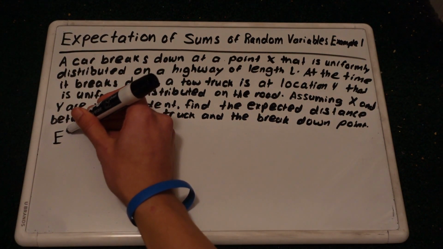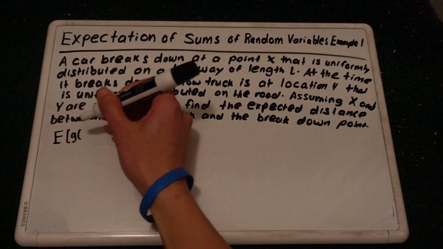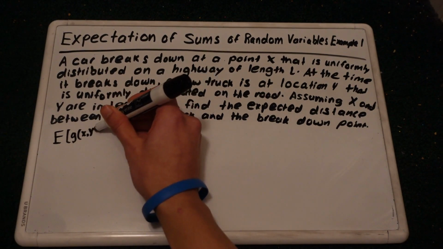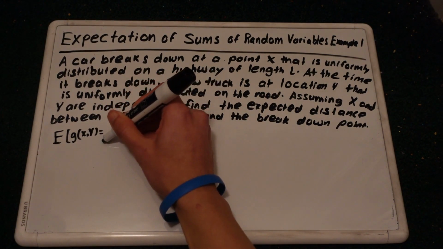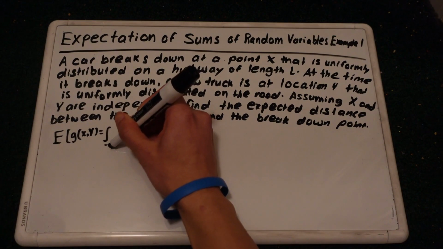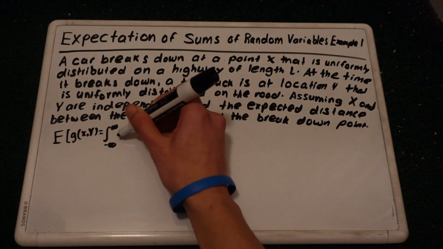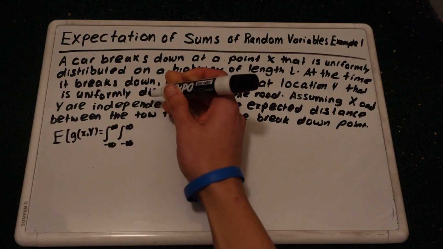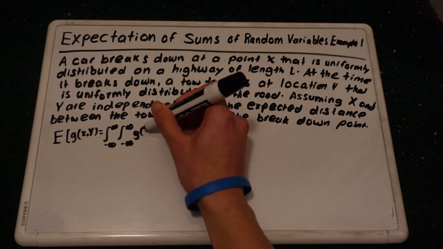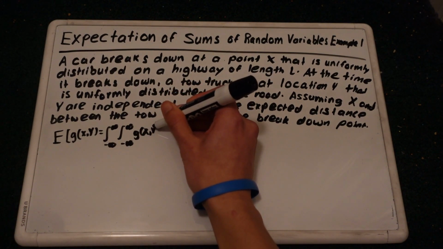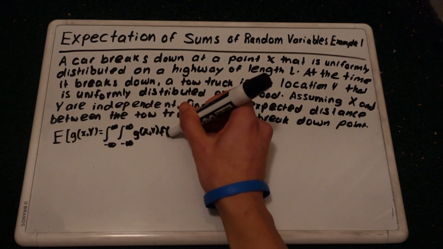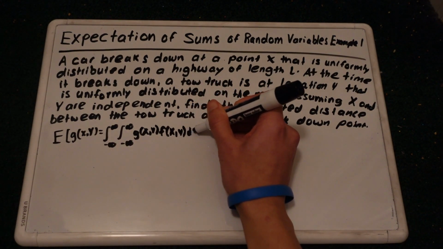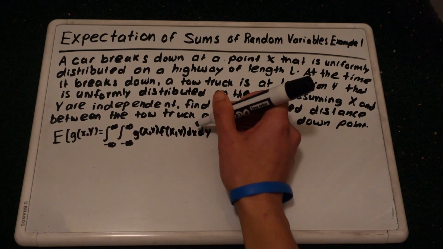Let's denote the expectation of g of x, y as equal to the integral from negative infinity to infinity, another integral from negative infinity to infinity, of g of x, y, f of x, y, dx dy.